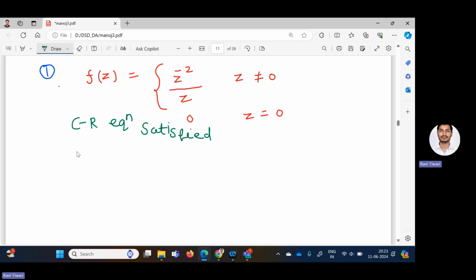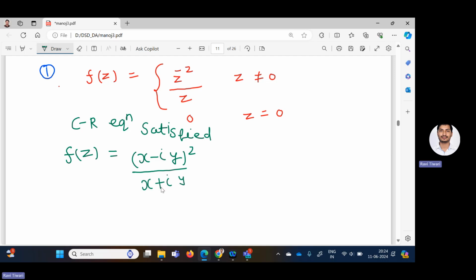So let's calculate the real part and the imaginary part of this function, and then we can apply the concept of partial derivative. So f of z is given here. Z conjugate, we know, is x minus iy, and here the square is given, divided by x plus iy.